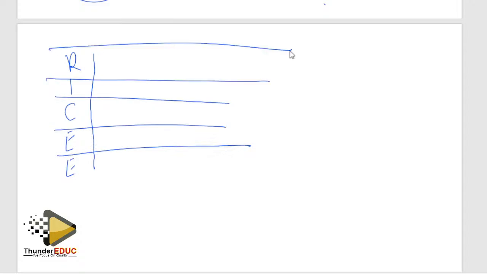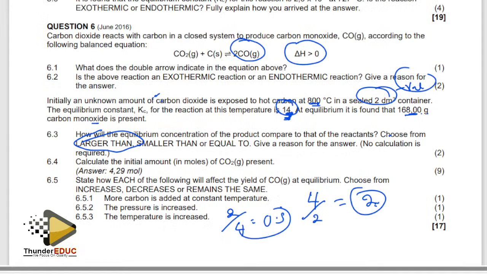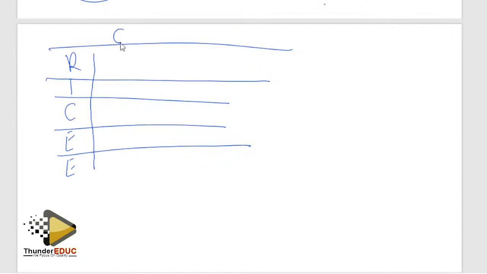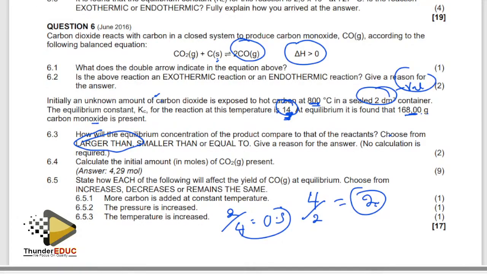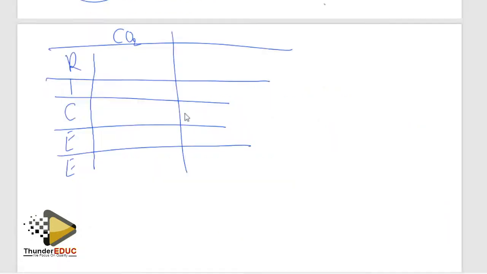So let's go to the elements. What do we have? This is a gas, this is a solid, so I don't include this because it is a solid. We don't include solids and liquids in the chemical equilibrium. So I'm going to have carbon dioxide, and then carbon monoxide.